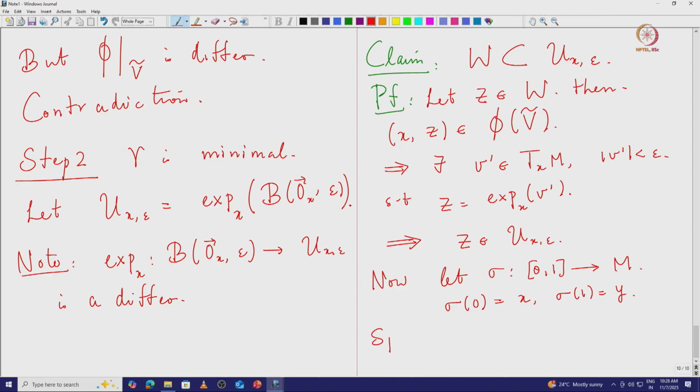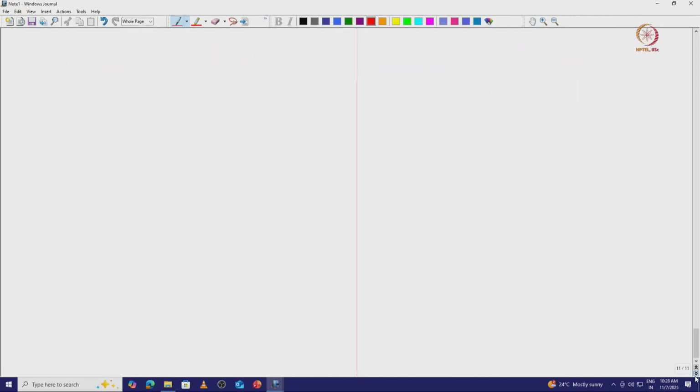So suppose sigma is completely contained inside this, then by our previous lemma, the length of sigma will be bigger than the length of the radial geodesic connecting x to p, which is of course gamma, right. So gamma in this case is the radial geodesic connecting x and y. So length of sigma will have to be bigger than or equal to gamma.